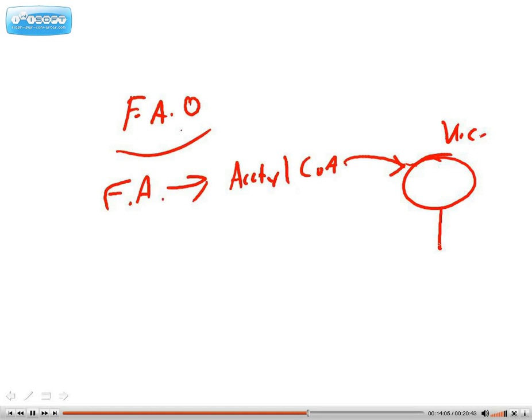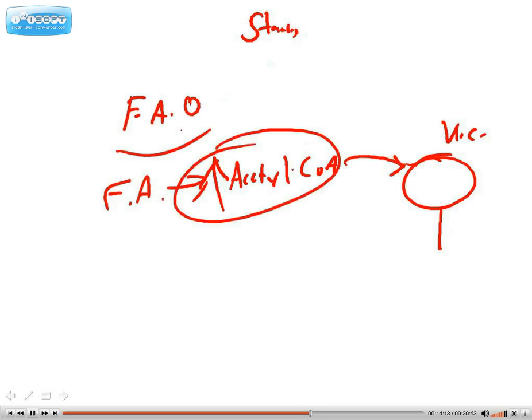Here's the problem. If you are starving, you'll have a high amount of acetyl-CoA. But keep in mind, in order for this Krebs cycle to work, even though we're burning acetyl-CoA, we still have other biomolecules that are important. For example, we have oxaloacetate.